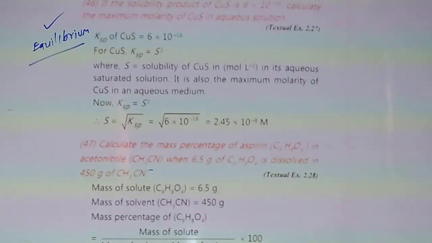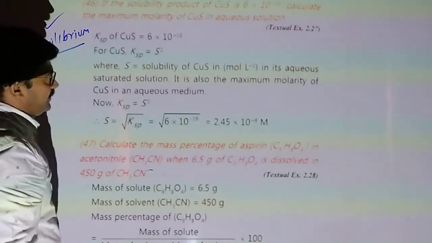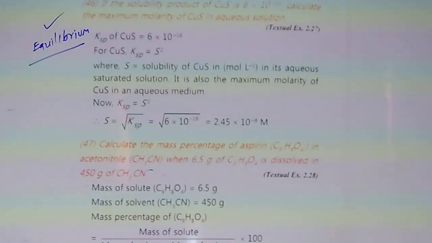If the solubility product of CuS, cupric sulfide, is 6 into 10 raised to minus 16, calculate the maximum molarity of CuS in aqueous solution. Ksp of CuS is 6 into 10 raised to minus 16.